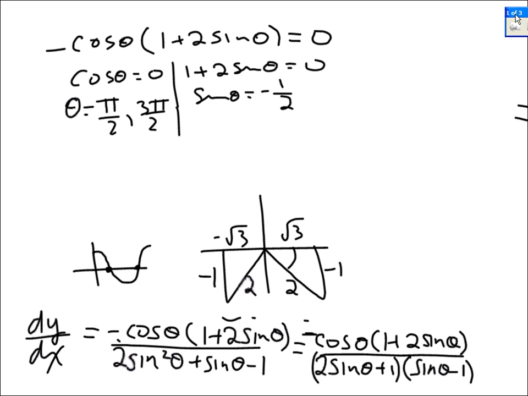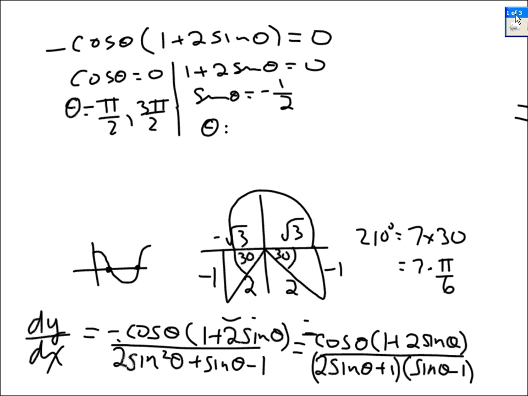Well, this angle right here is 30 degrees. They're both 30 degrees. So we have 180 plus 30 degrees. That's 210, which is 7 times 30. And 30 is 180 divided by 6. That is 7 pi over 6. The angle is 7 pi over 6. Now, this angle is pi over 6.